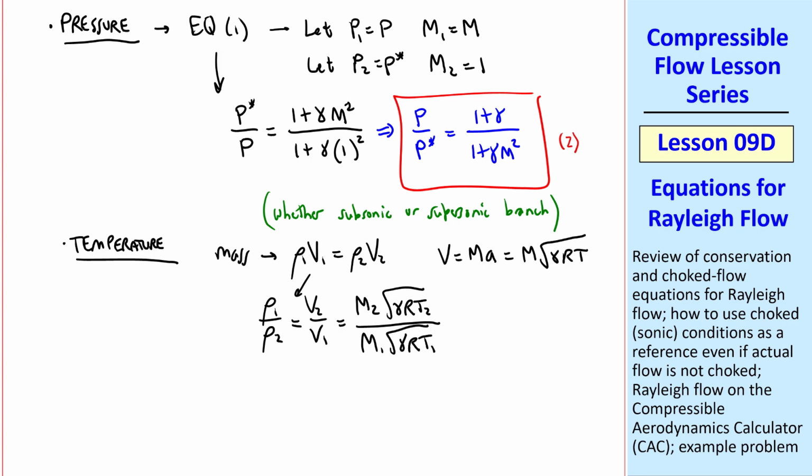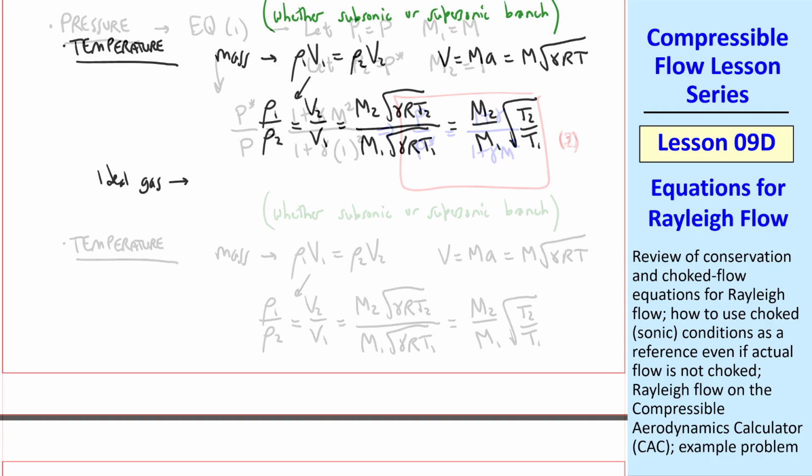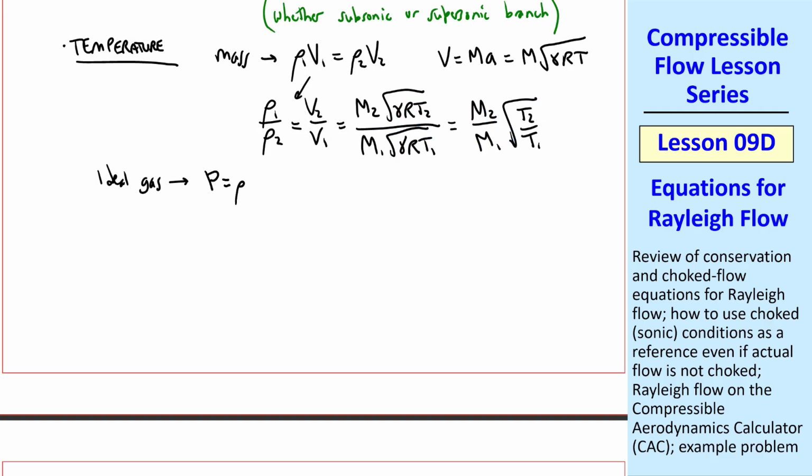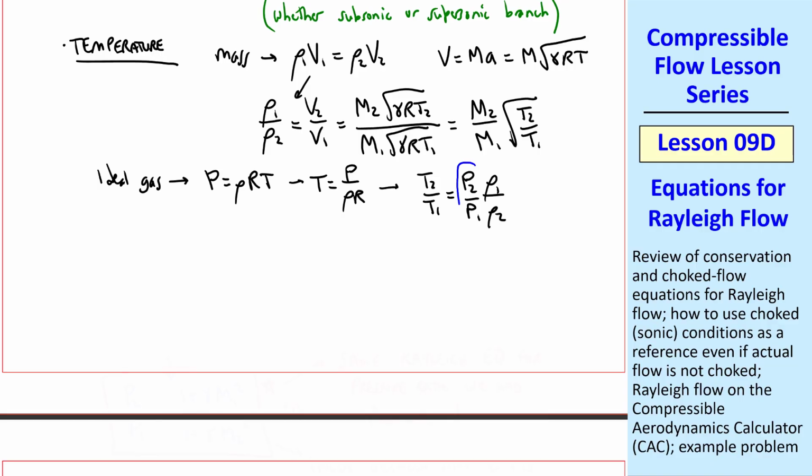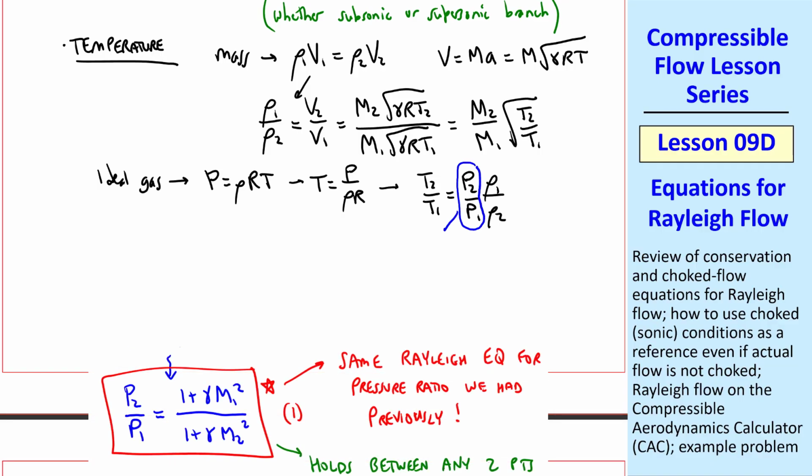The gammas and the R's cancel, leaving us with M2 over M1 square root of T2 over T1. But applying our ideal gas equation, T is P over rho R, so T2 over T1 is P2 over P1 times rho 1 over rho 2. Let's use now equation 1 for this pressure ratio, and for the density ratio, we have this equation from here.